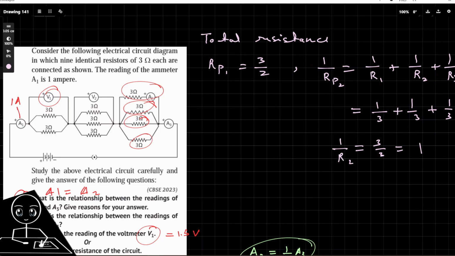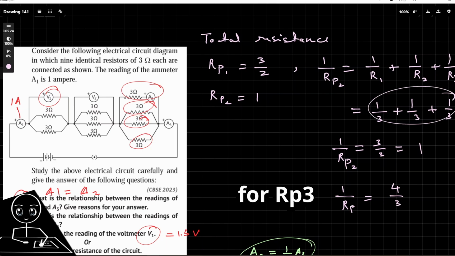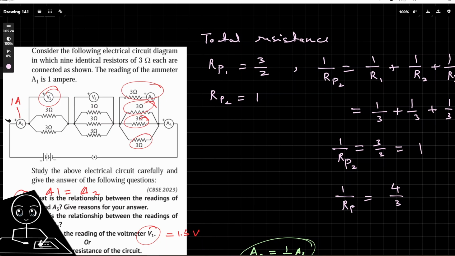For the third, we add one more, plus 1 by 3 again, so 4 by 3. Now let's take the reciprocal and we get Rp3 equal to 3 by 4. So Rp3, the third in the parallel, equal to 3 by 4.